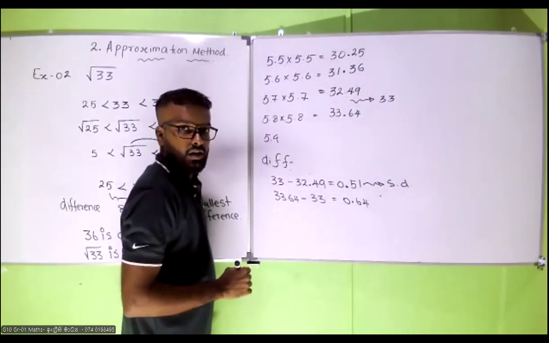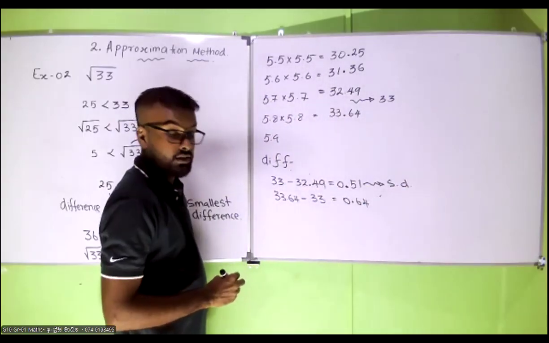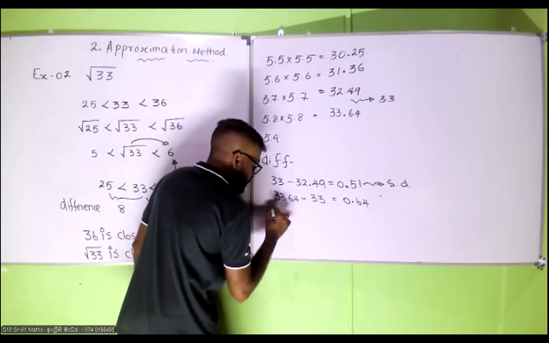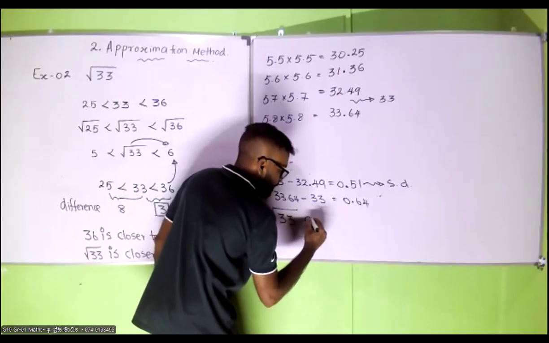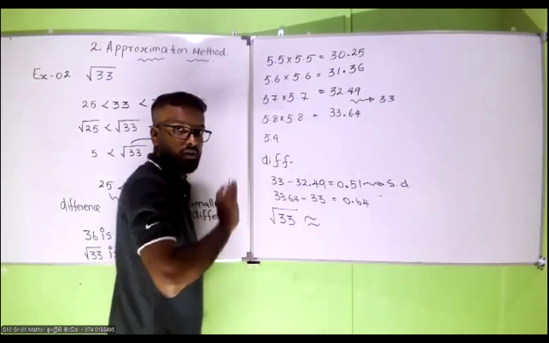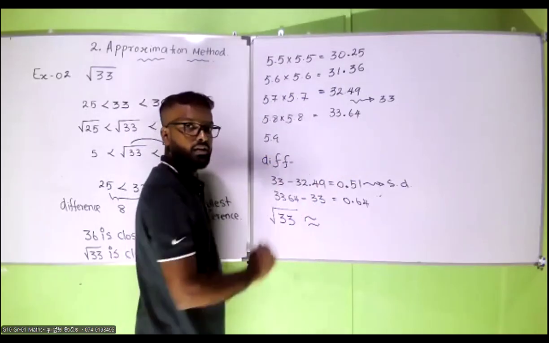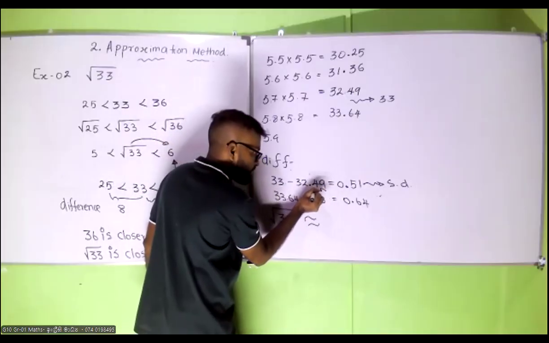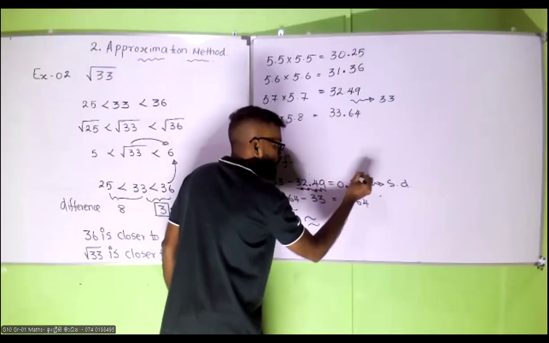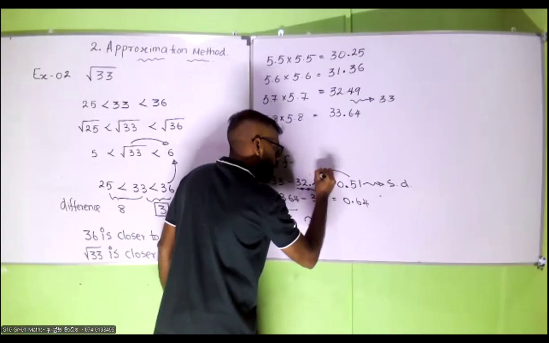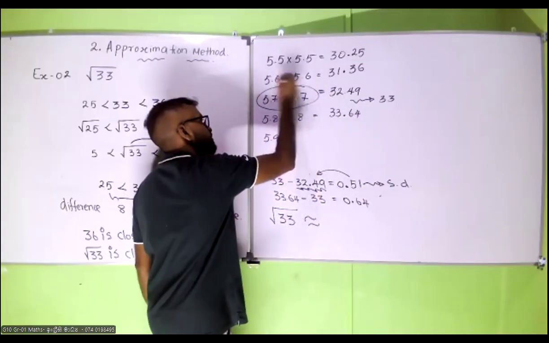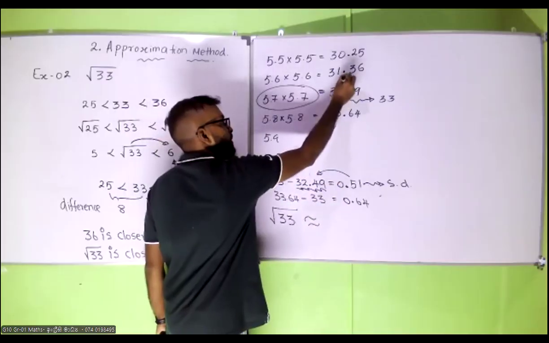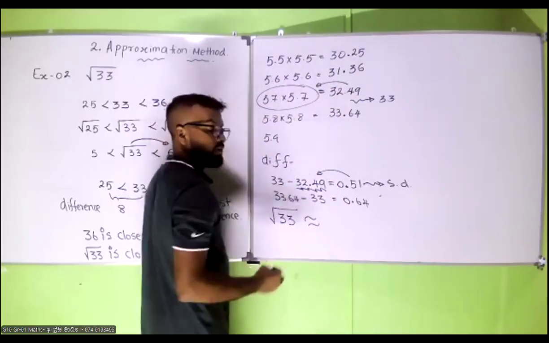Right? So you can write the square root of 33 is approximately equal to this. This is the closest number because the difference is small. 32.49 means 5.7 into 5.7.